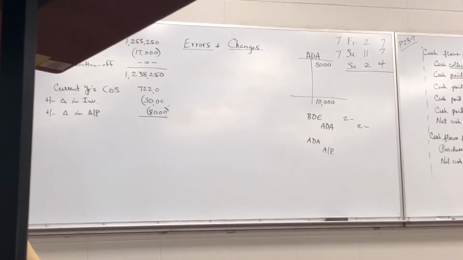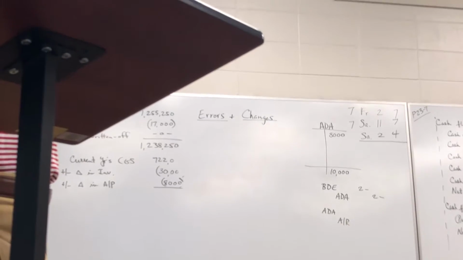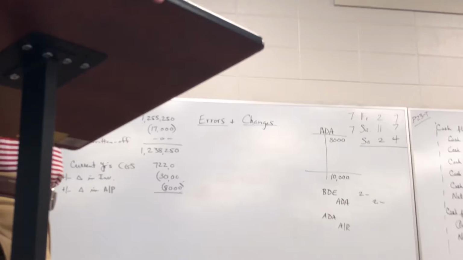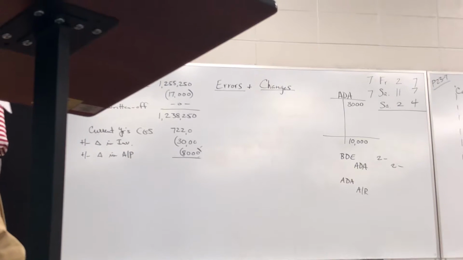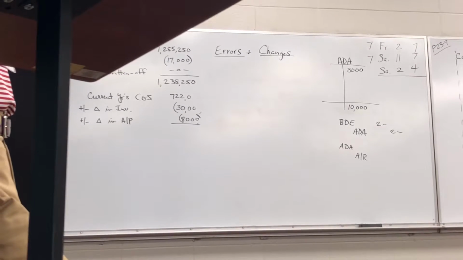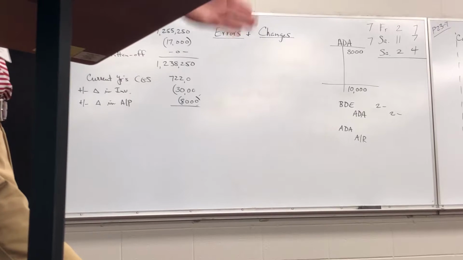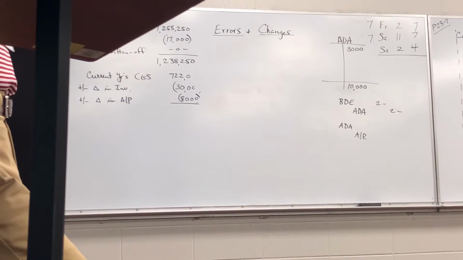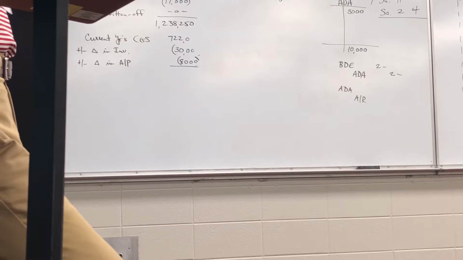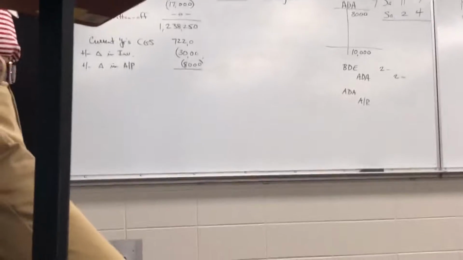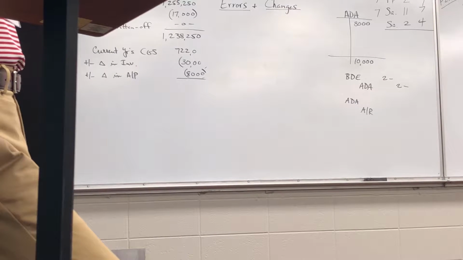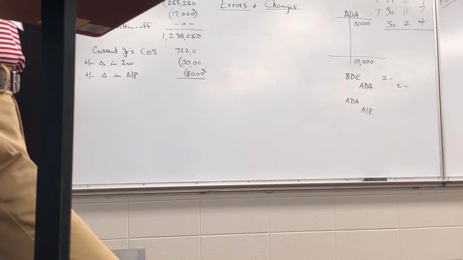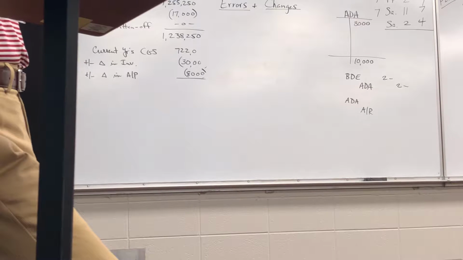Okay, wait a minute. Suppose you made a mistake you just discovered, but you made the mistake in 2016. And we're not restating 2016 because we're not even presenting it. We're presenting 17 and 18. Okay? If it is an income statement mistake, you go in and adjust the opening balance for retained earnings for the earliest year presented, which would be January 1, 2017.